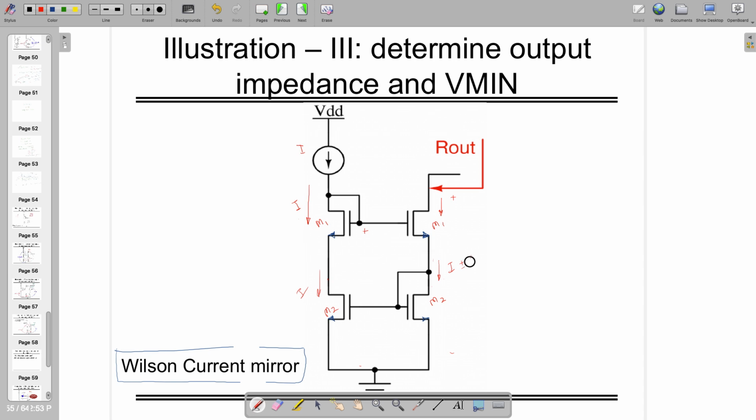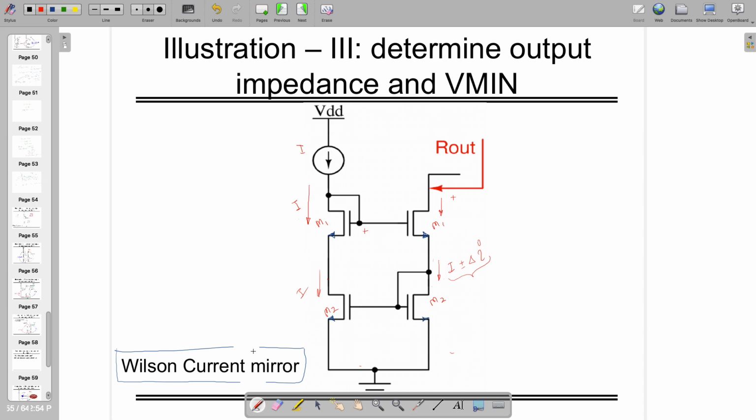There might be some change, some delta I. Let's call this one delta I. So now here it was I, here it's I plus delta I because of so many reasons. One of the reasons is source impedance, another reason is the output voltage.